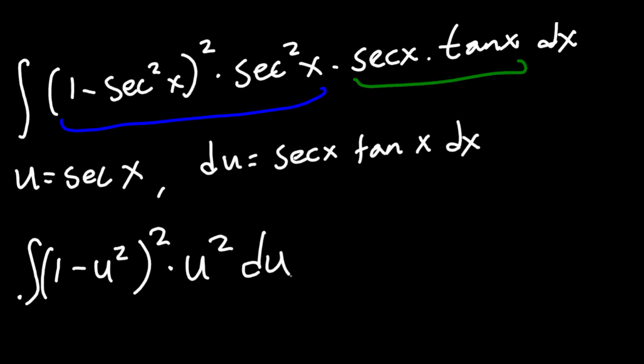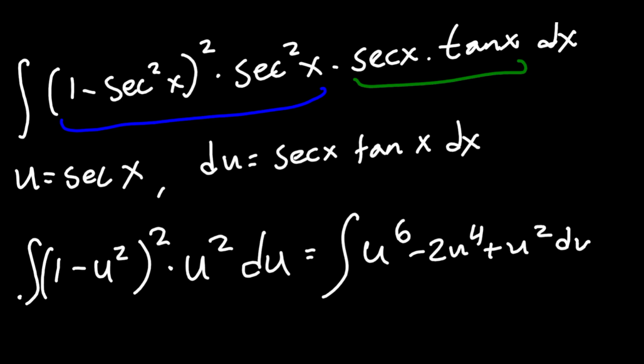We don't have to deal with these messy trig functions and these high powers anymore. Now all that's needed is to multiply this out. I'd say the easiest way is just to multiply it out, and you'd get u to the 6 minus 2u to the 4th plus u squared du.